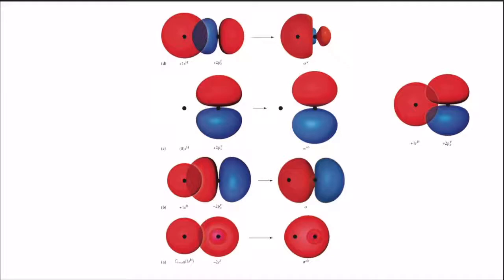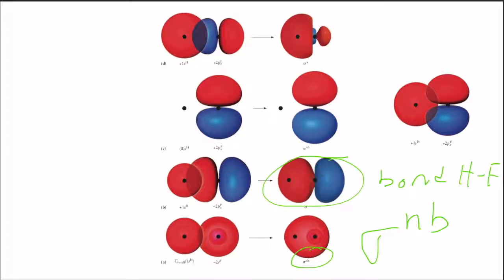So how do the orbitals look? In the case of the 2s, they're non-bonding. So notice sigma non-bonding. Then we have interaction between the 1s and the 2pz. This is what is responsible for the bond in HF. We have the pi orbitals, just no interaction because there's nothing here, so again, non-bonding.